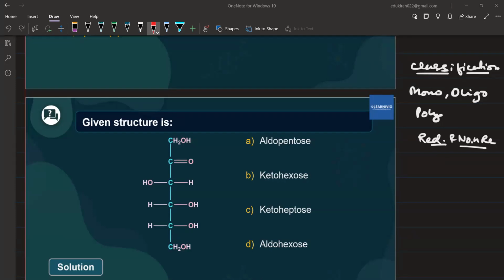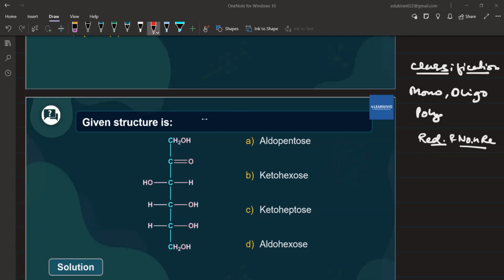Tell me. Do you see an aldehyde group or a ketonic group? Hamza, keep your mic on and tell me. Hamza, your mic is off. What happens to the children suddenly?